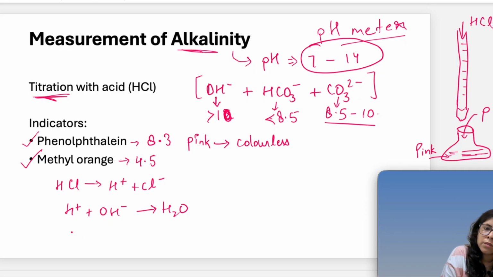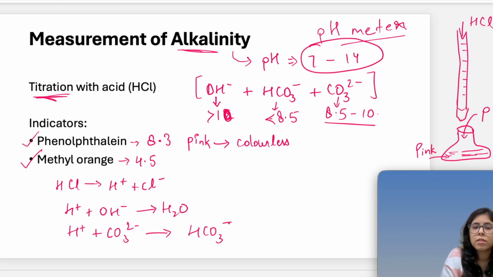Now this H+ will start neutralizing CO3 2- and it will be giving HCO3-. Okay, and after that, the CO3 2- is fully neutralized. Now this H+ will start neutralizing HCO3-.